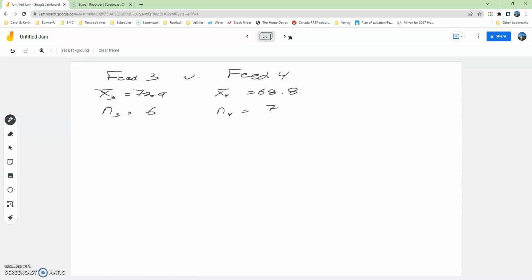We put this into our confidence interval formula. We're going to go 72.9 minus 68.8, plus or minus, it's the same Z or T value, 2.101. It's the same MSE number, 38.98. The only difference here is the sample sizes, 1 over 6, 1 over 7.